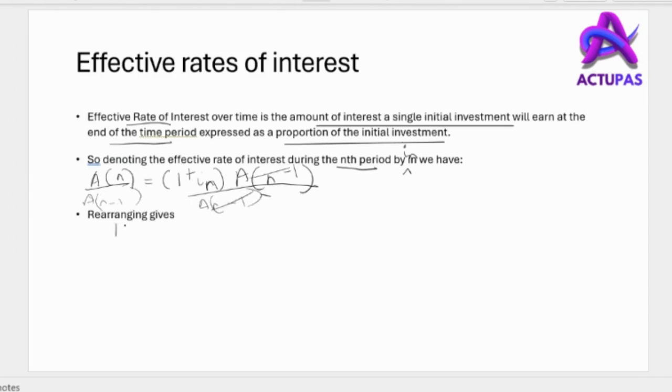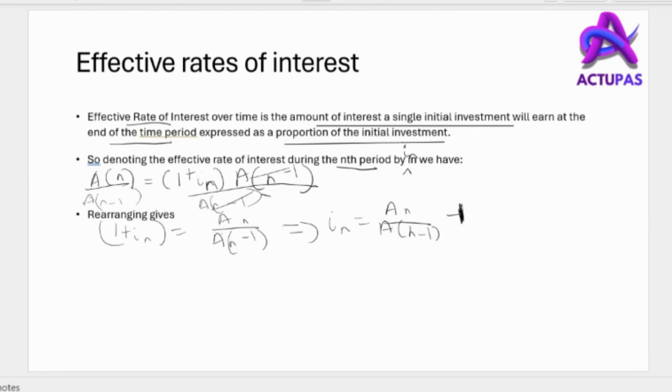We then have 1 plus in is equal to A(n) over A(n minus 1). Which implies that if you move 1 to the other side, in is equal to A(n) over A(n minus 1) minus 1.